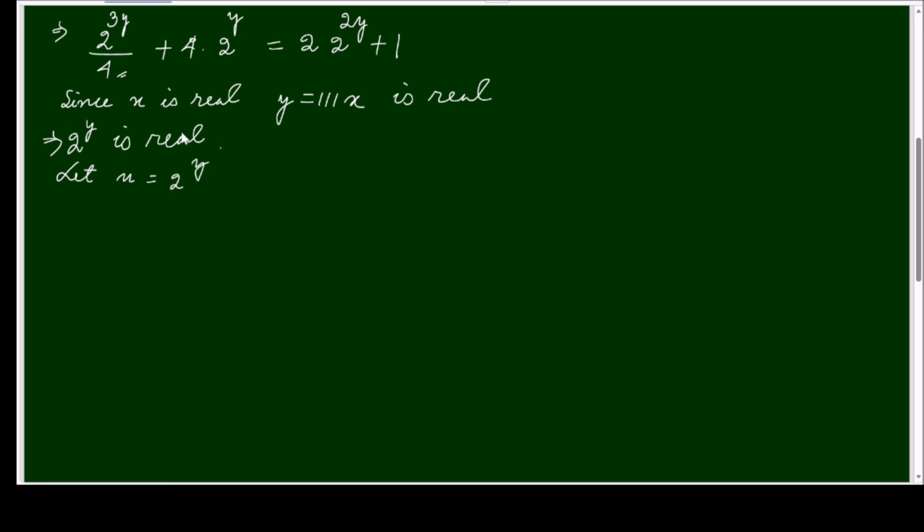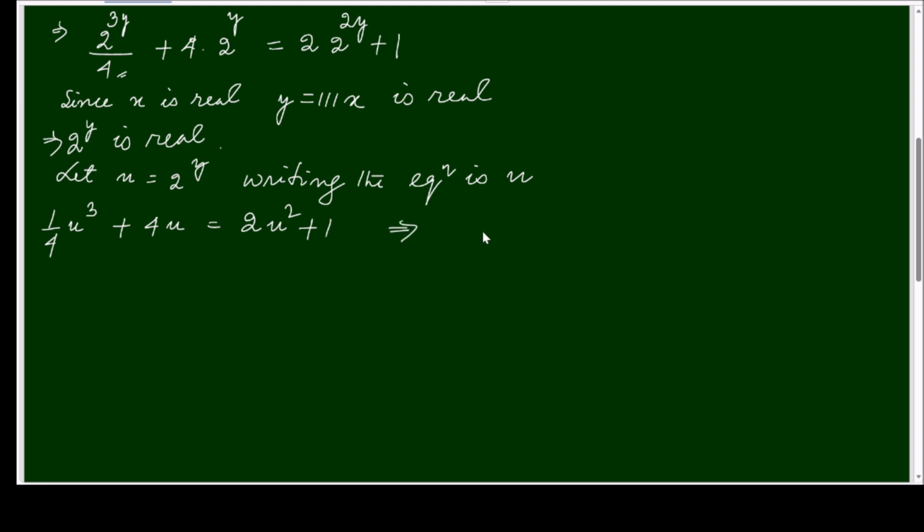Then writing the equation in u, it will be 1 by 4 u cube plus 4u equals 2u square plus 1.